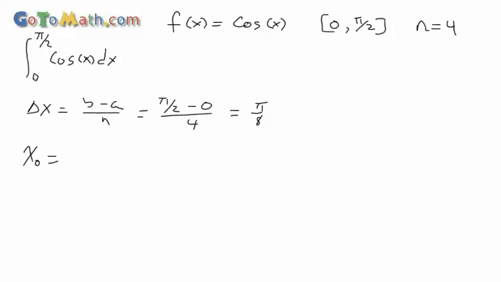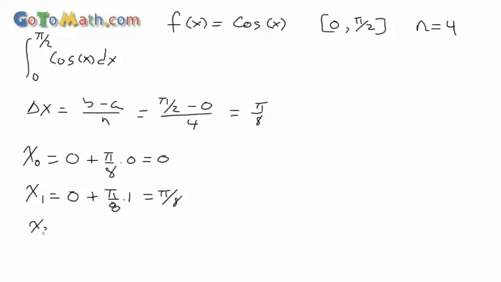So we start with 0. Always a here, plus delta x, which is pi eighths times 0, so that just ends up being 0. x1 is 0 plus pi eighths times 1, so that becomes pi eighths.